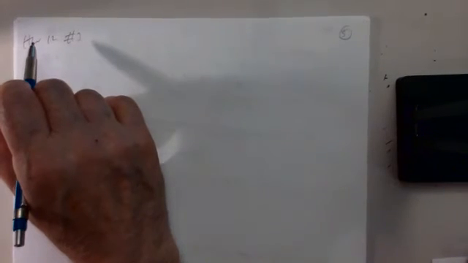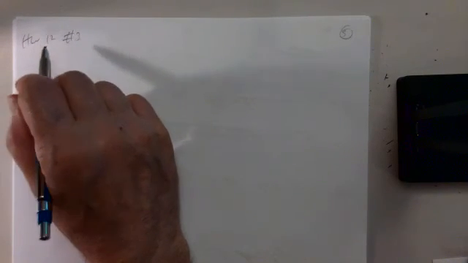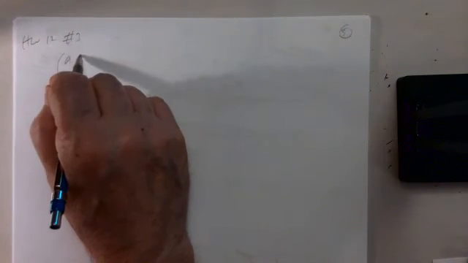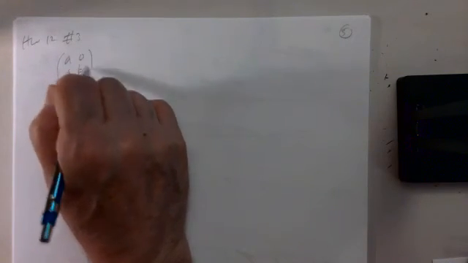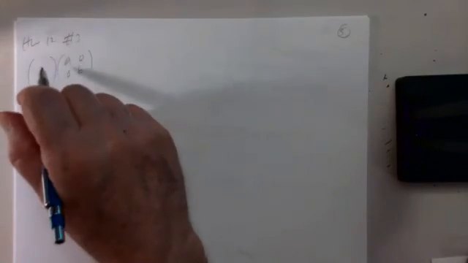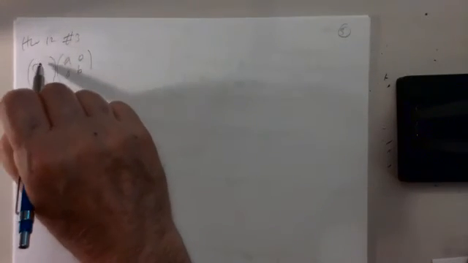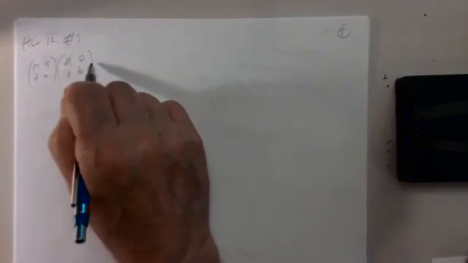So homework 12, number 3. If I take a matrix A 0, 0 B, and I conjugate it by a matrix, I'll call it R S T U, what is that?